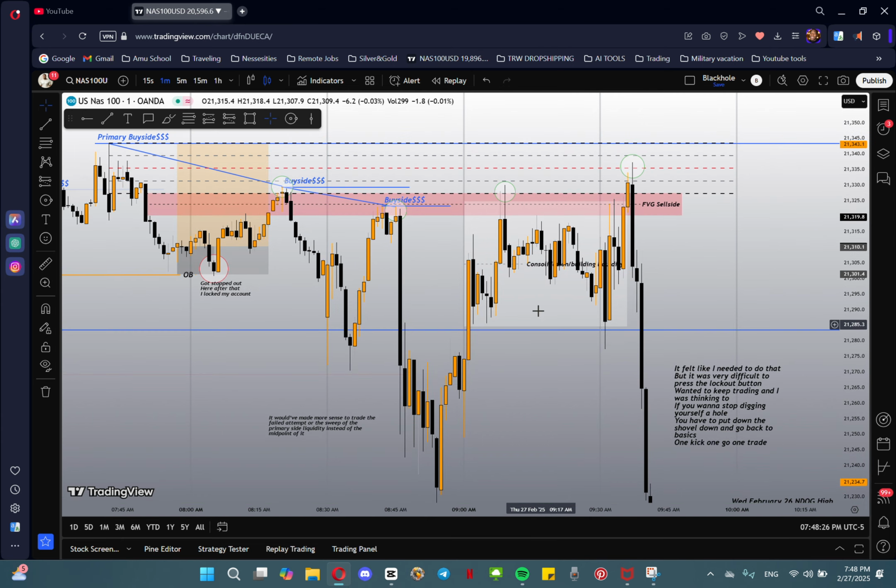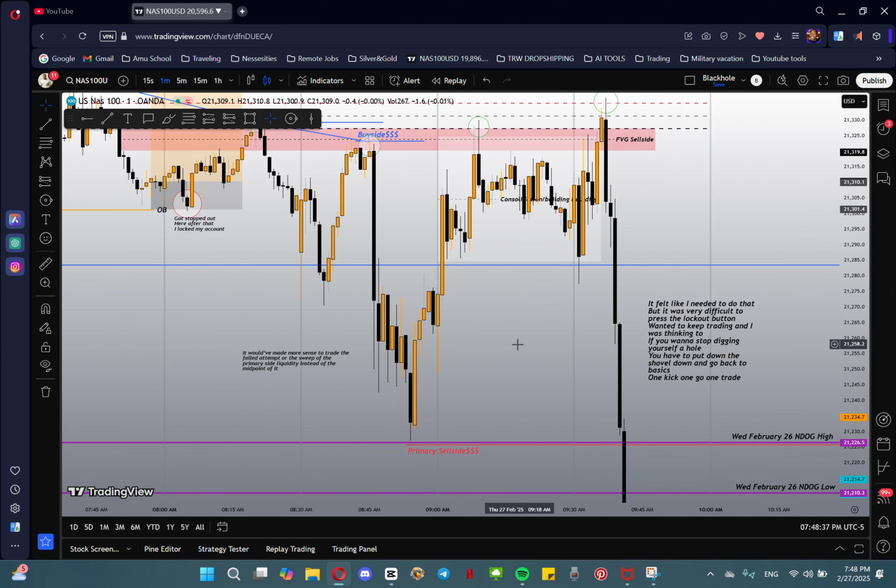And when price swept out this buy side liquidity and this buy side liquidity and this buy side liquidity, it came up a little bit and then exploded back down. So literally it's all about waiting for the time that price needs to sweep out liquidity in order to get the gasoline to explode on the other side of where it's going to go.